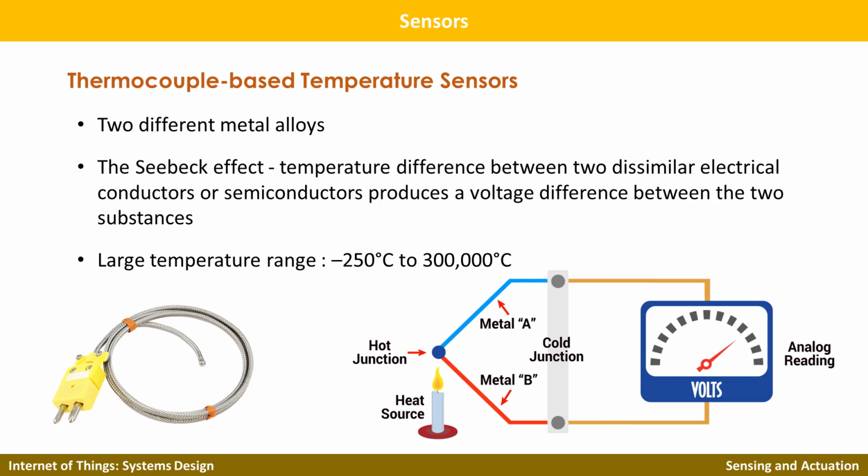Then if you measure the difference between the two cold joints, you can get the voltage difference. Based on this voltage difference, you can calculate what the temperature is. A large temperature range can be detected using this technique, from minus 250 Celsius to 300,000 Celsius.